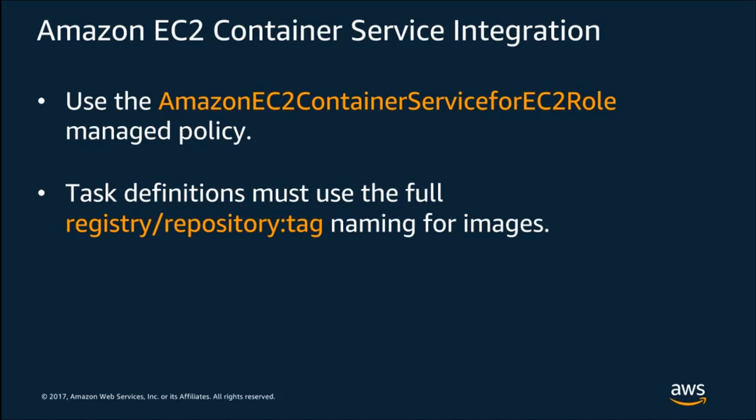I know it's a mouthful, but you can find it as you're going through your IAM policies, and we provide this as a managed policy. That's the key: as ECR and EC2 Container Service change, so will this policy. Now remember, as you're creating your images and your task definitions, remember to use the full registry/repository tag naming convention.